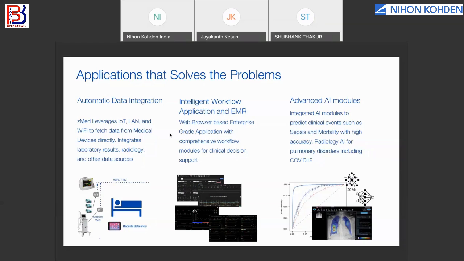Not only sepsis, mortality, several clinical decision support tools, including drug-drug interaction. So all these advanced packages could be given. So these are some of the latest healthcare IT trends, particularly relevant to critical care.